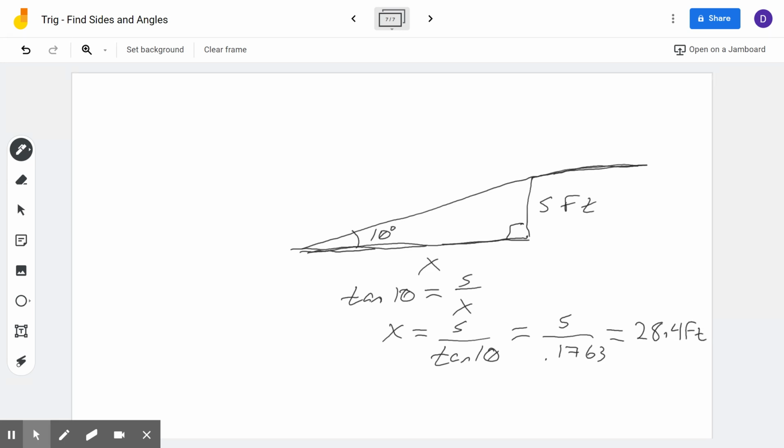This would have to be 28.4 feet. And then you could also use trig, or you could use the Pythagorean theorem, to calculate how long the ramp would actually be, okay? That is just one little application of trig in the real world, and it is used, okay?